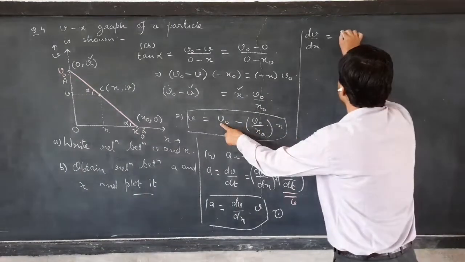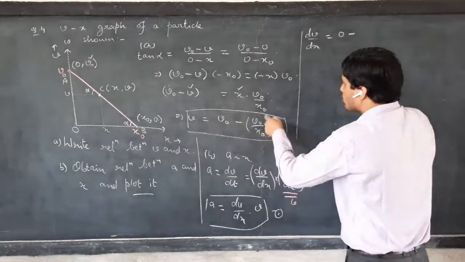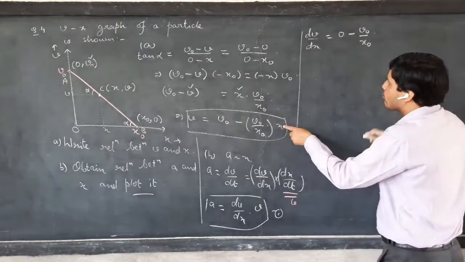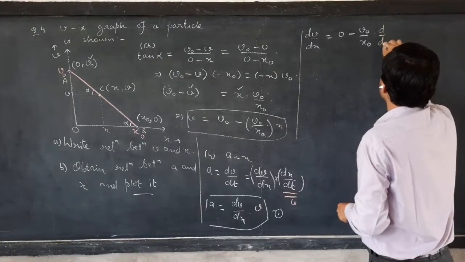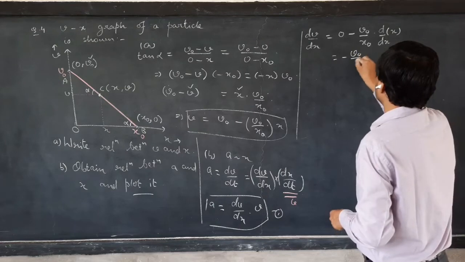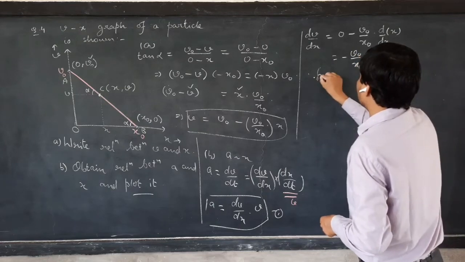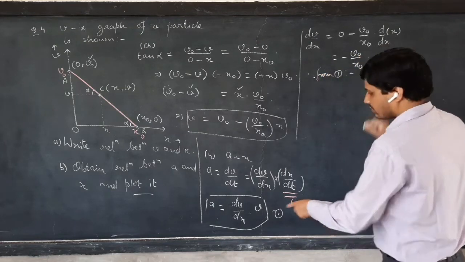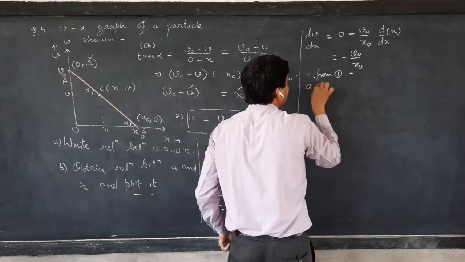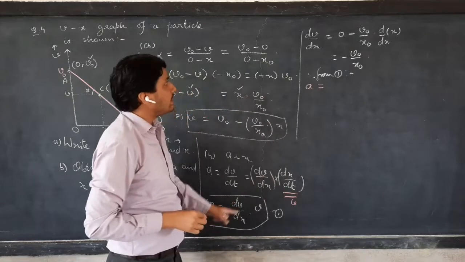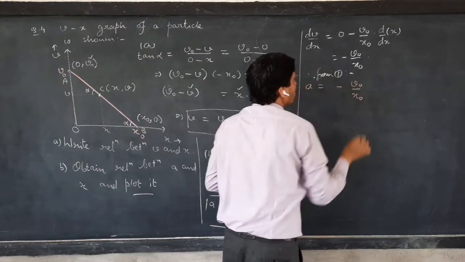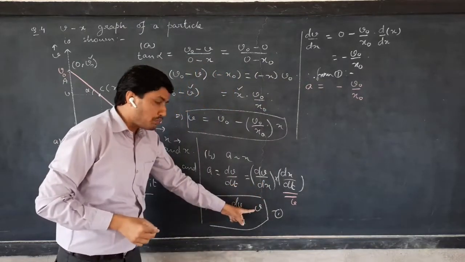So constant derivative will become 0 minus, and v naught by x naught is constant, so it will come out, into derivative of x. So d by dx of x becomes 1, so this will be simply minus v naught by x naught. Therefore, from equation 1, we will get the final expression for acceleration A, in which I'll replace dv by dx with minus v naught by x naught, into v.